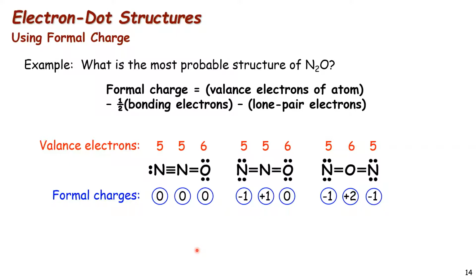Okay, so next, let's look at each one of these structures. If I look at this structure, you're probably going to guess, well, okay, there's the most probable structure. But I'll tell you that it isn't. Can you figure out why it isn't? Well, if you look at the nitrogen, nitrogen has a total of 2, 4, 6, 8, 10 electrons around it.